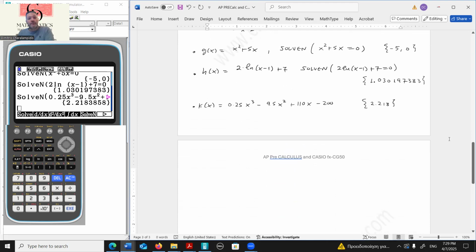Now, that was the first way, which can be done through the solve command. There is, however, a second way, which is through graphing.